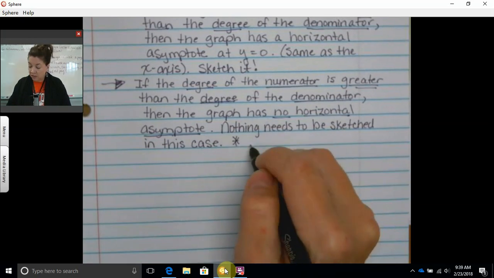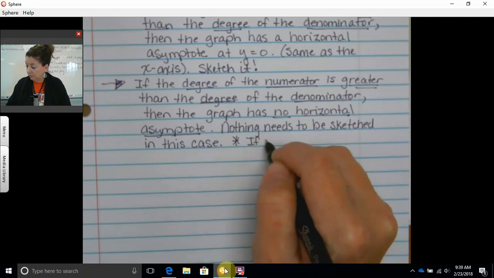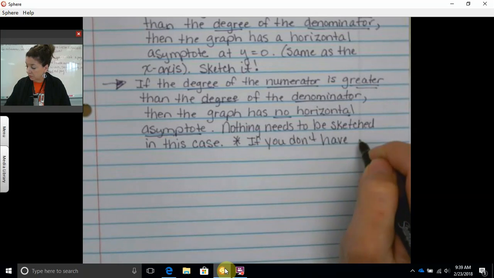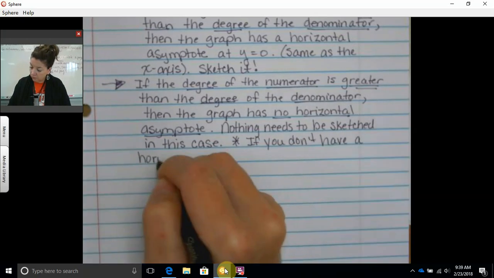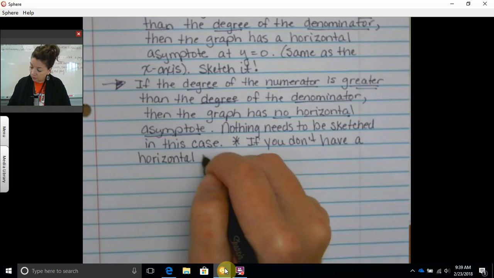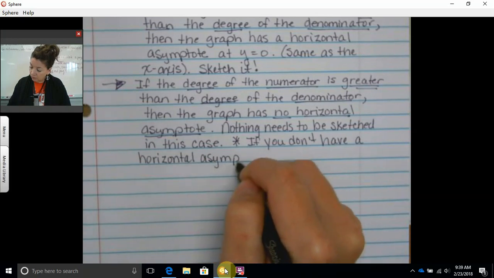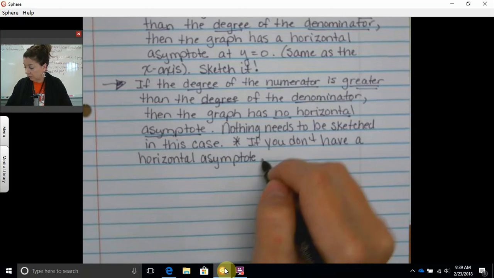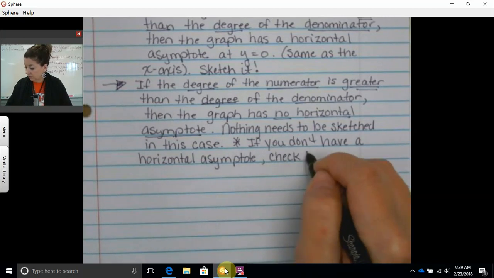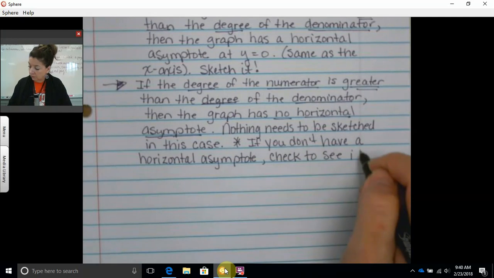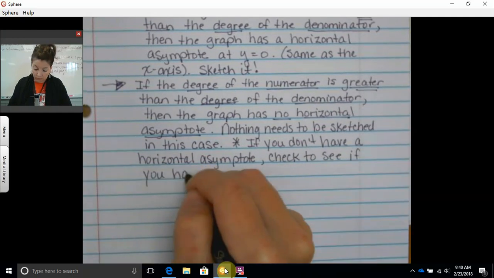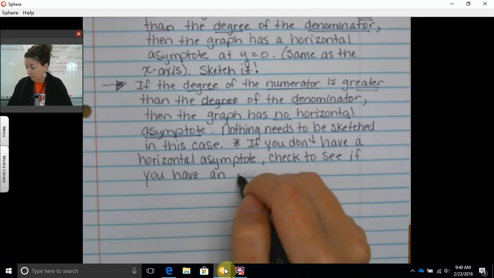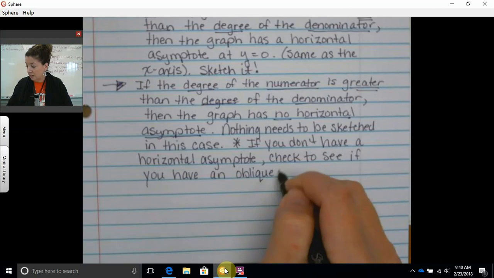If you don't have a horizontal asymptote, check to see if you have an oblique slash slant asymptote.